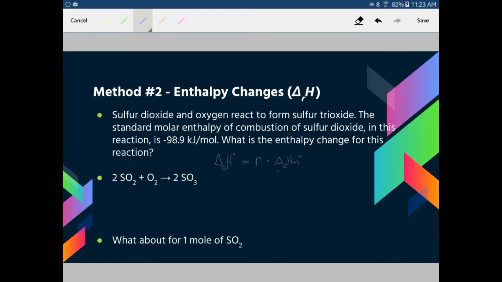Because my molar enthalpy of combustion for this reaction is negative 98.9 kilojoules per mole, and we have 2 moles of sulfur dioxide, we're going to multiply that by 2.